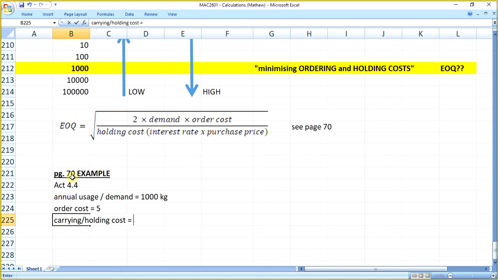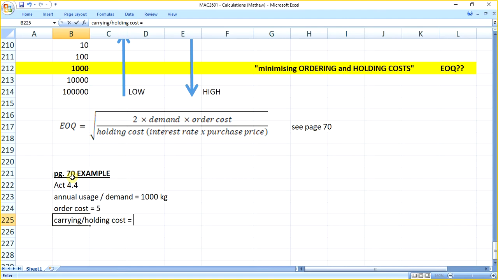The wording of this question is a bit confusing because they talk about a return on investment and then they talk about 80 cents per kilo. But then they've given you the theft and fire insurance, which is unrelated to these carrying or annual costs. Do you see that? The heading for this group of information is the relevant annual carrying cost incurred was as follows, and then they've given you these 3 things.